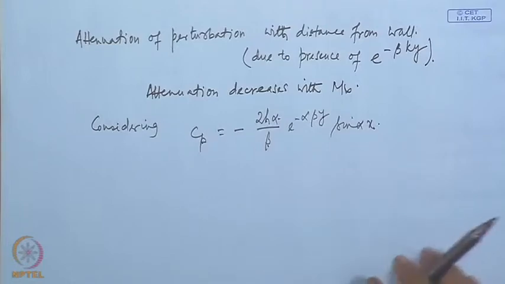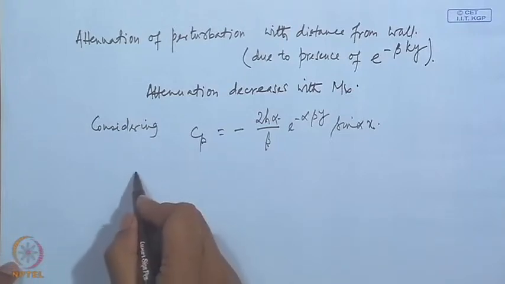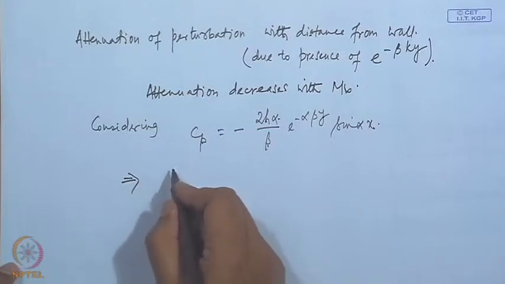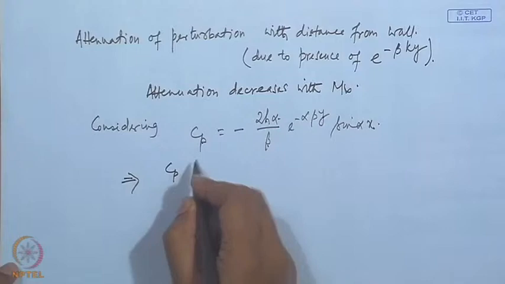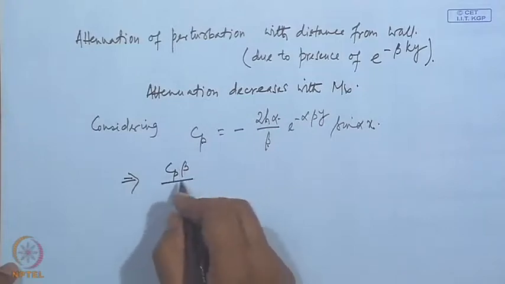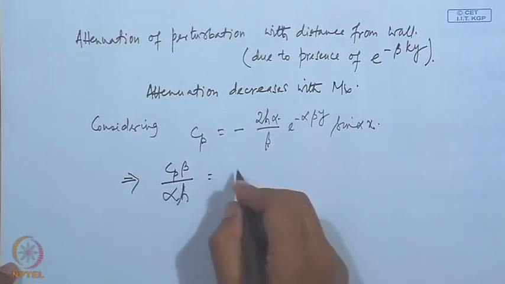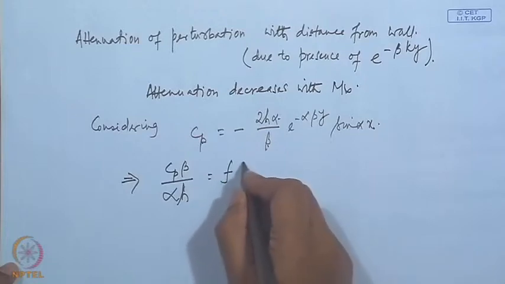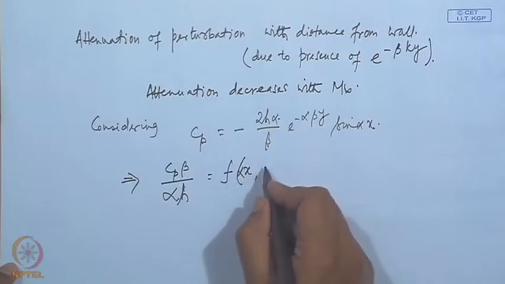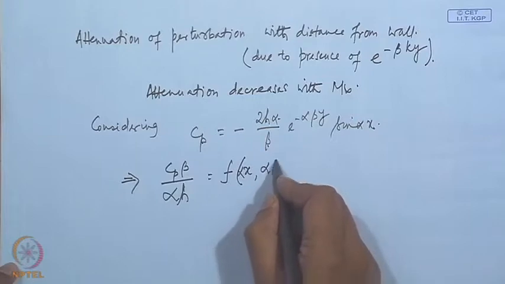Now, these parameters can be arranged in this fashion, that C p beta by alpha h, the constant we can forget, is some function of alpha x and alpha beta y.